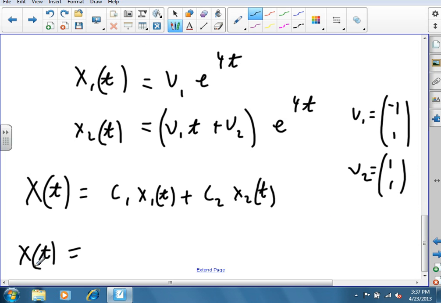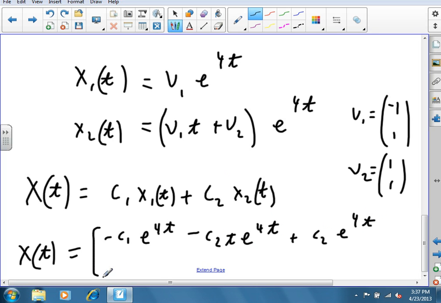All right, so x is going to be minus c1 e to the 4t plus minus c2 t e to the 4t plus c2 e to the 4t.